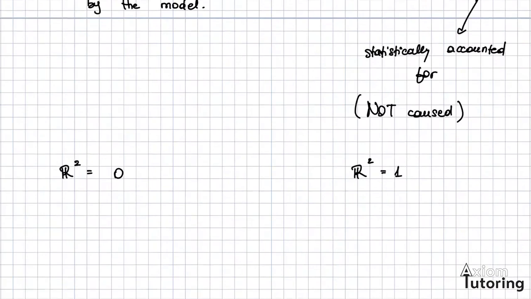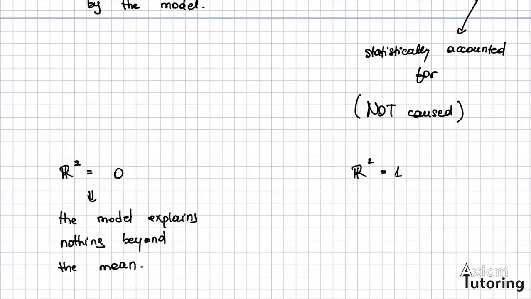But for the r squared of 0, what that means is that the model explains nothing beyond the mean. Okay?